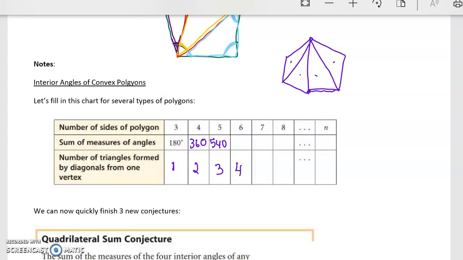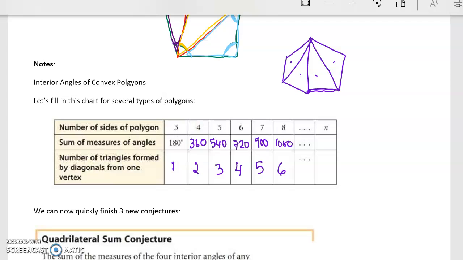And again, if we do 4 times 180, we get 720. Heptagon, 5. Octagon, 6. I hope you're seeing a pattern. And each time you take the number of triangles times 180, and that gives you how many degrees are in that shape.